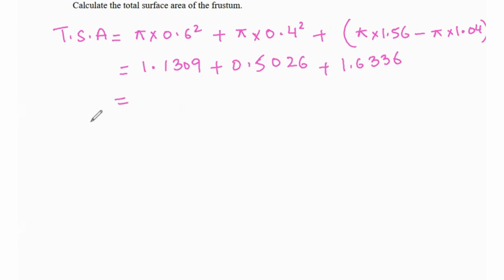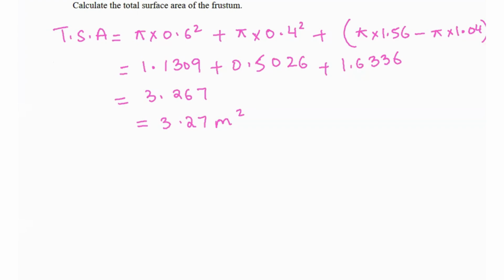Add them all up. So if we add them all up, 1.1309 plus 0.5026 plus 1.6336, that's 3.267. So 3.27 meters squared. That is the total surface area of the frustum.